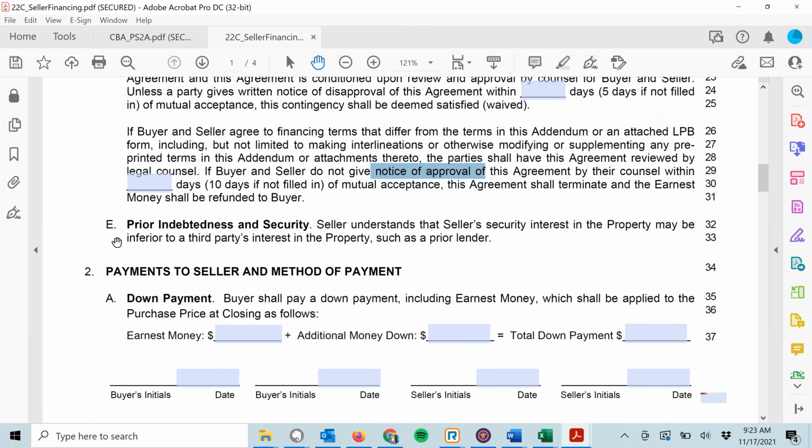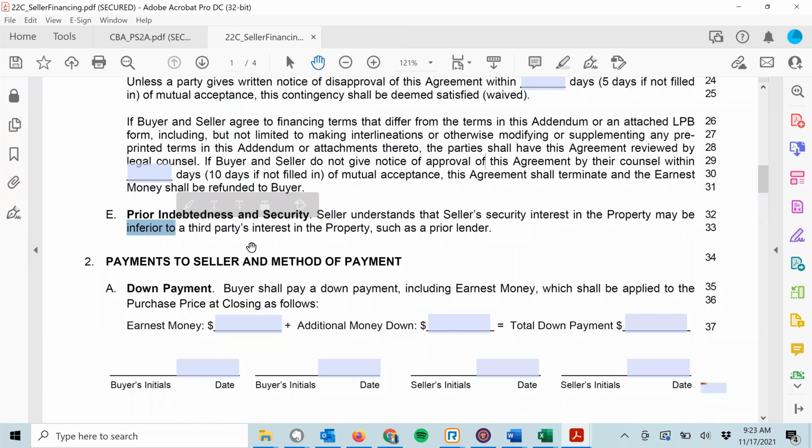Well, if I secure my portion of what I'm lending him with a deed of trust, that deed of trust is going to be in second position because I already have a deed of trust in first position, right? So they consider that subordinate to the first party interest. So that's just making sure, and in the end, buyers and sellers sign all this stuff. So that means the seller has acknowledged that their interest could be inferior, right, or subordinate to a third party.